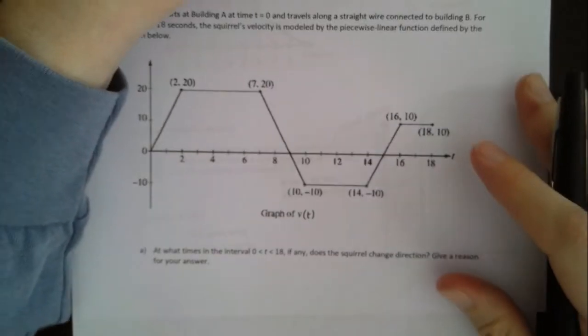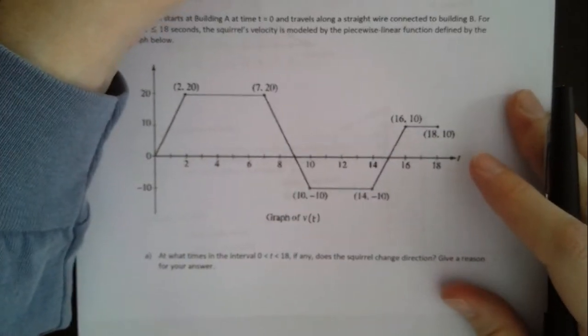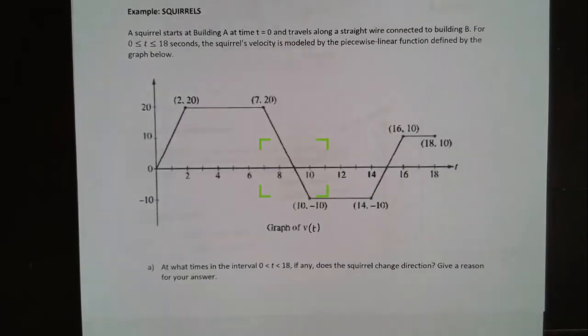So just a couple things to keep in mind from what we were talking about with those original particle problems. We want to keep in mind where this graph is relative to the x-axis.